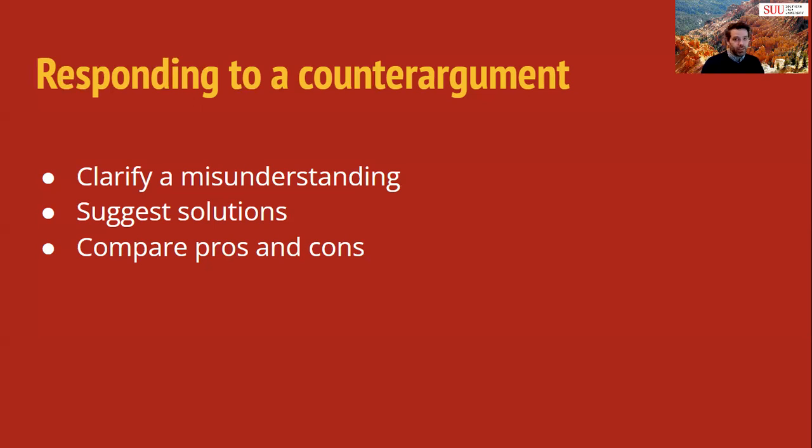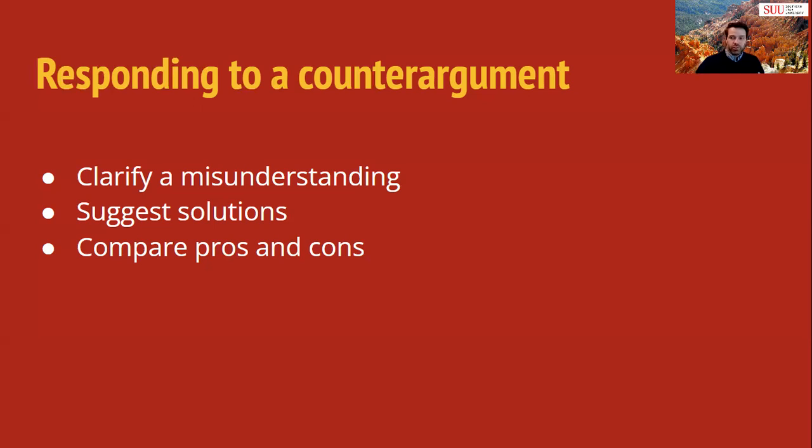Now, another possibility is that you're showing that there is a real problem, and that even though there's lots of good things about your thesis statement, there are some problems with it. And this is where you might acknowledge one of those problems and then suggest a solution that could solve or reduce the problems associated with your argument. And lastly, there may be some aspects of your solution that really cannot be easily solved.